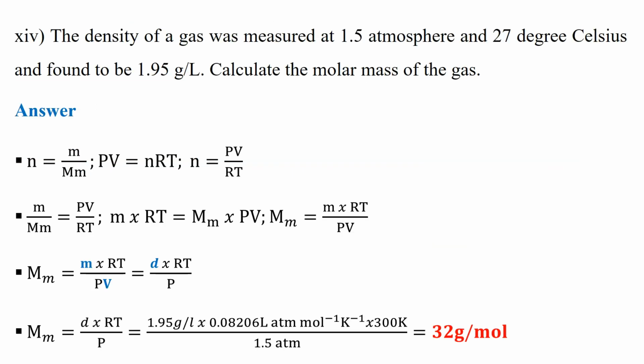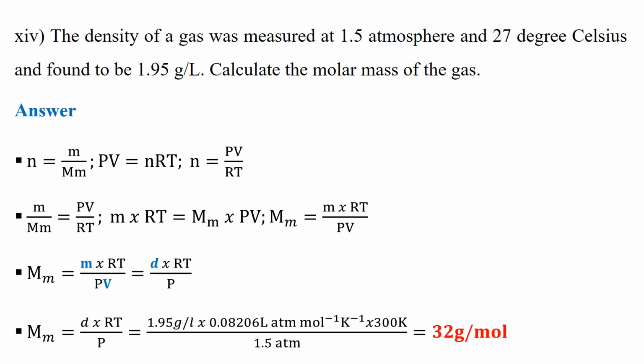Next question: the density of a gas was measured at 1.5 atmospheres and 27 degrees Celsius, and it was found to be 1.95 grams per liter. Calculate the molar mass of the gas. We know that the number of moles is equal to mass over molar mass. We know that PV is equal to nRT, so n is equal to PV over RT. Then PV over RT is equal to mass divided by the molar mass.